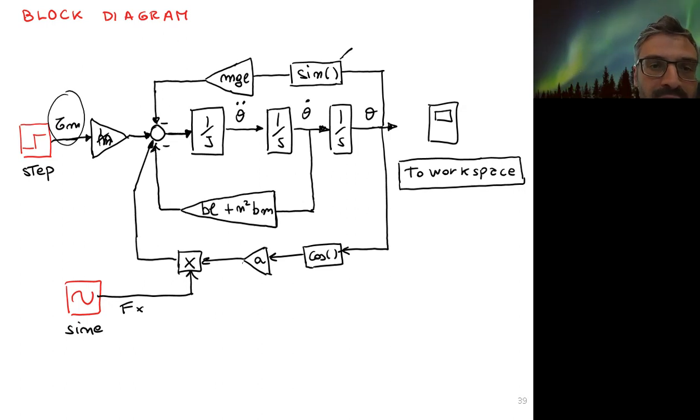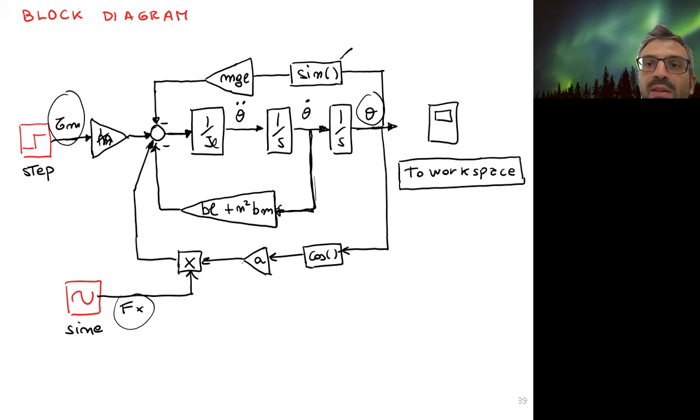It's the gravity force that is configuration dependent from theta. Then we divide by the inertia at the link and we get the acceleration. We integrate it and we get the velocity that we multiply by the viscous friction term, and then we integrate again and we get the position. With the position, we can compute the term that is the time varying gain that is multiplying the external force that will feed in again as an additional input.